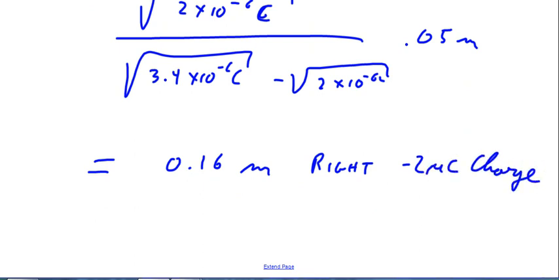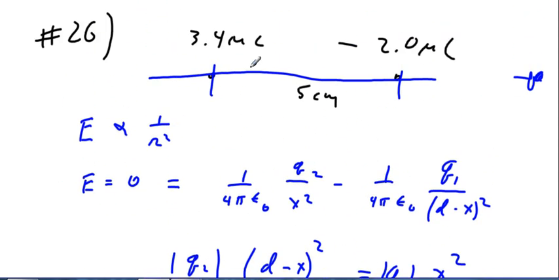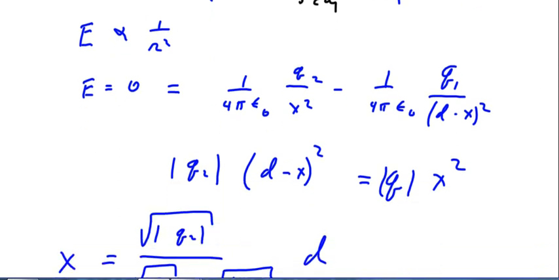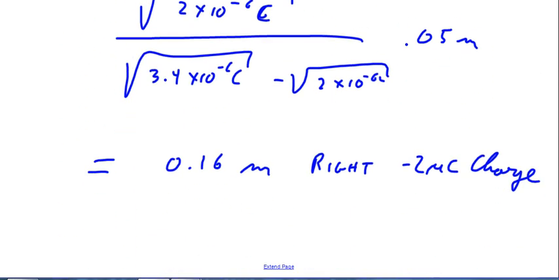If I drew the picture differently and put the minus 2 guy here and the 3.4 guy there, then it'd be to the left of the minus 0.20 microcoulomb charge. Okay, so that's the A part.